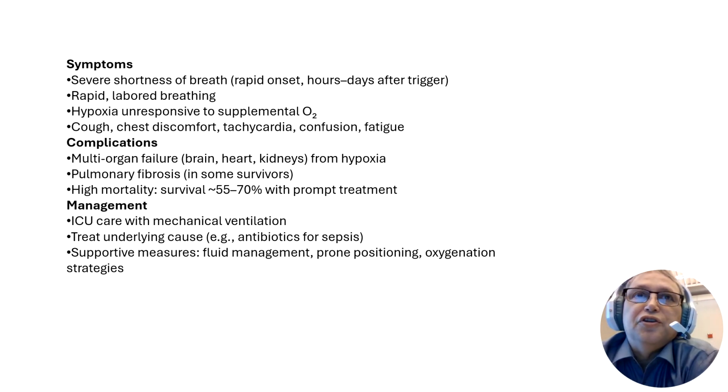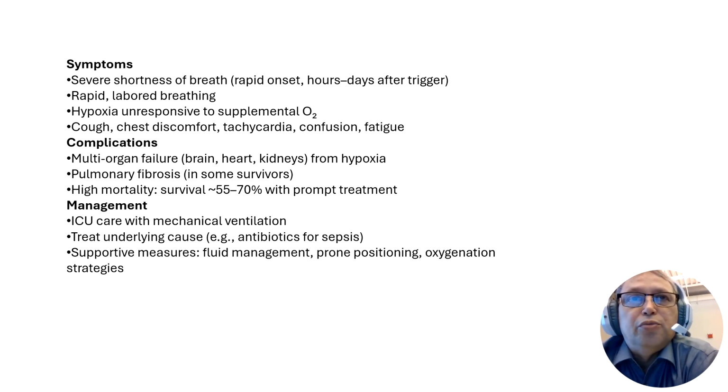I want to bring attention in this slide to the complications, multi-organ failure, specifically the brain, heart, and kidneys from hypoxia. If you do not have oxygen perfusion, oxygen getting to the bloodstream and through the bloodstream, you are going to have a great deal of difficulty keeping organ function at any level.